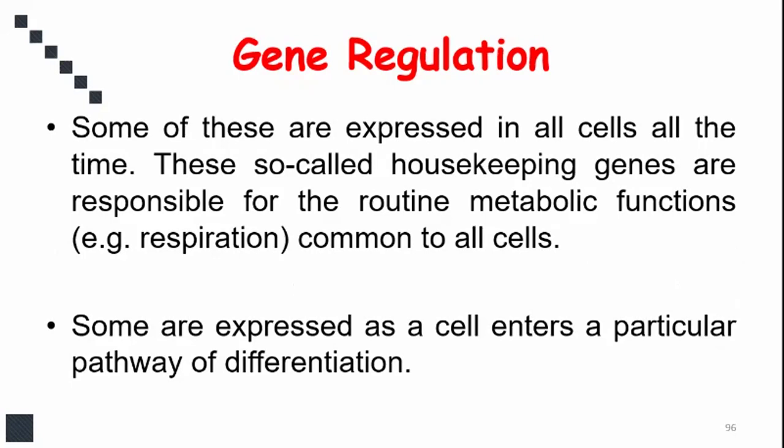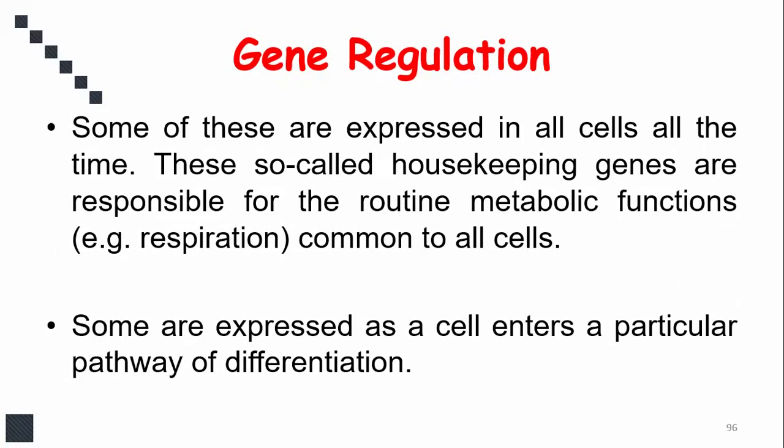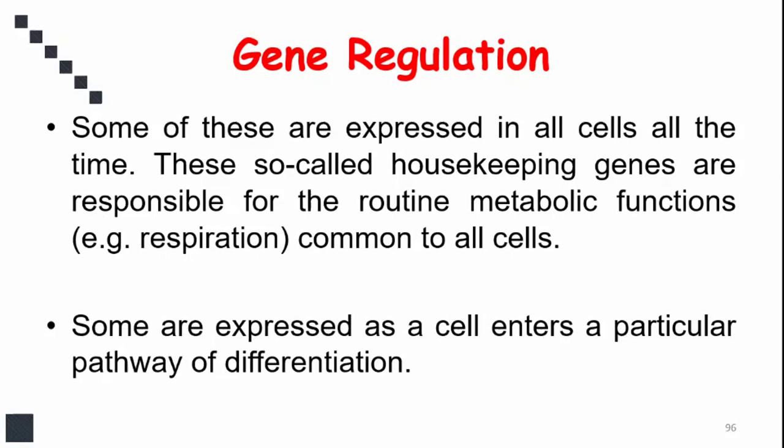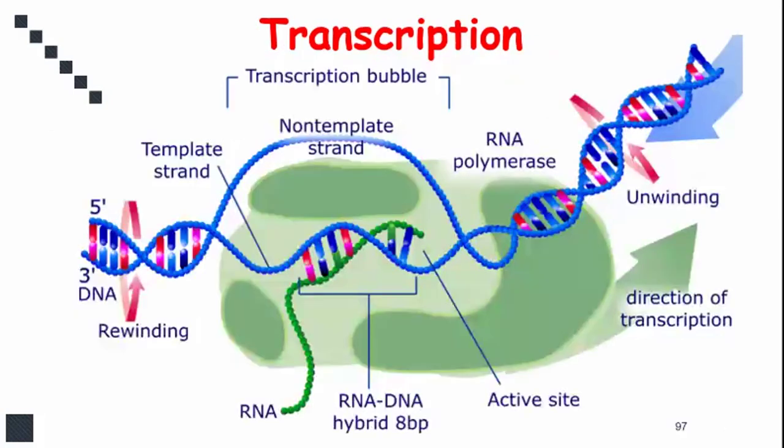There are genes that are continuously being expressed, so they are active 24/7 because they enable the survival of the organism. But then there are also certain genes that will only operate at some point, and then they will be switched off at some point. And then some are expressed as the cell enters a particular pathway of differentiation and during development and stuff like that.